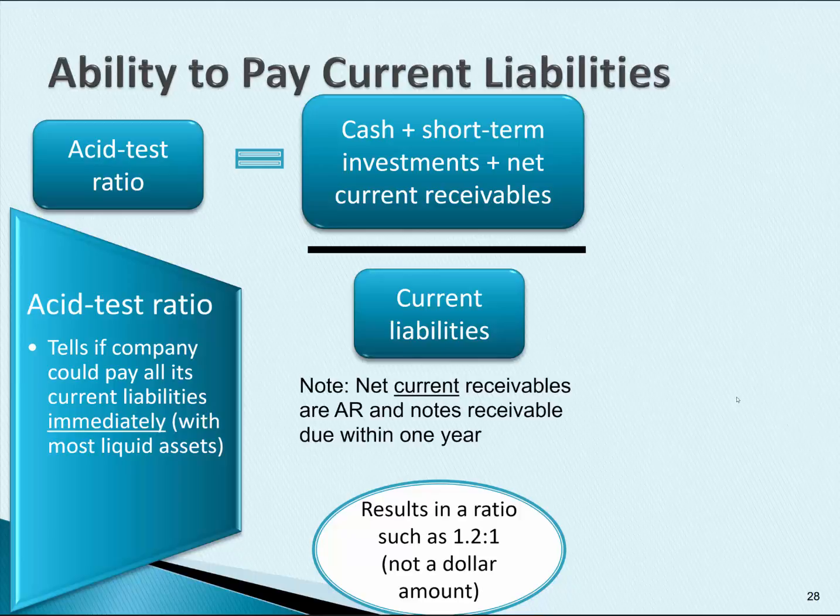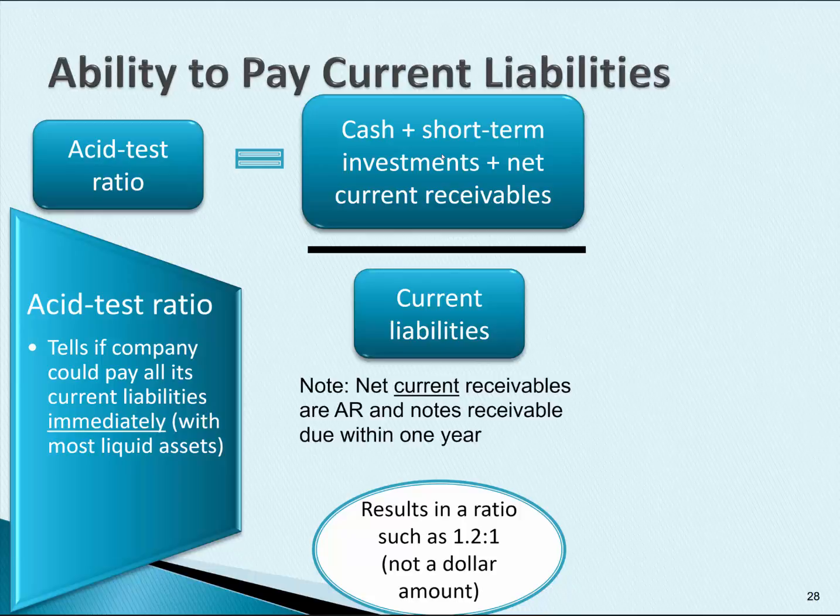So even though the current ratio is more popular than the acid test ratio, the current ratio is not really all that realistic. Because remember, the current ratio, on the number on top, is current assets. So that included inventory, and it also included things like prepaid assets, like prepaid insurance. Is it realistic that you're going to cancel your prepaid insurance, get the money back, and use that to pay off other bills?